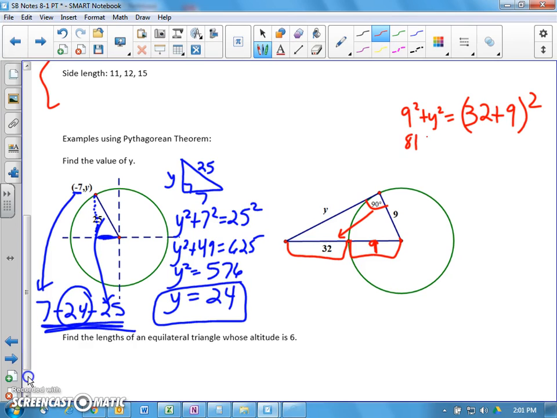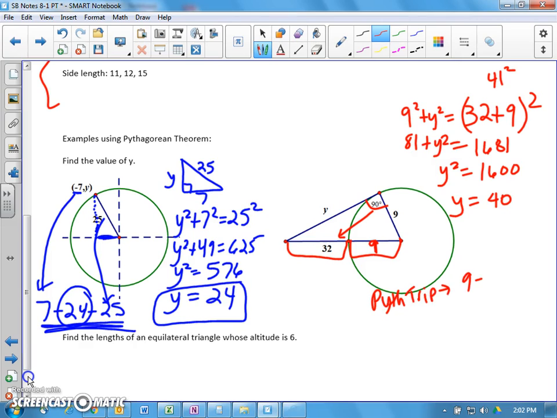So we're going to have 81 plus y squared equals 41 squared, which is 1,681. That makes my y squared 1,600, and y would be 40. Again, if you're recognizing your Pythagorean triples, you have a 9, 40, 41 Pythagorean triple. That's the side that you were missing.